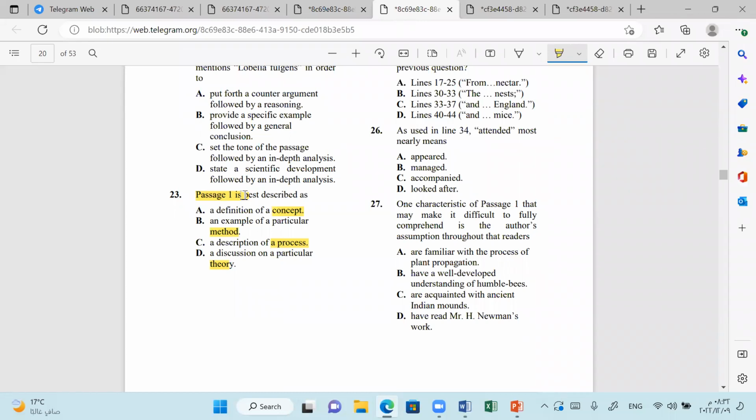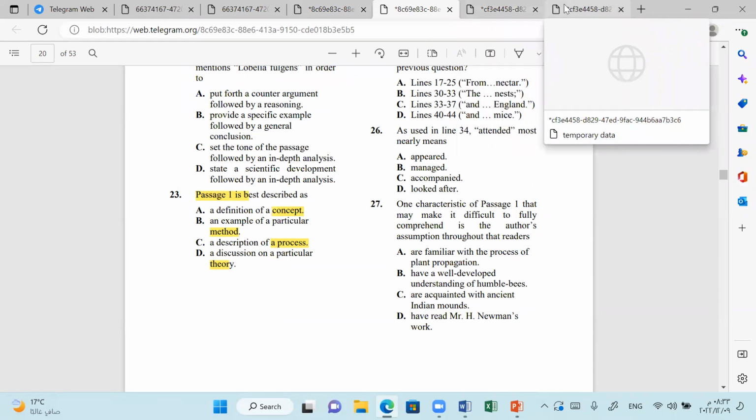Usually, this is the case. Passage one is discussing a particular theory, and passage two is criticizing that theory. Is it clear? That's the case when it comes to the paired passages.